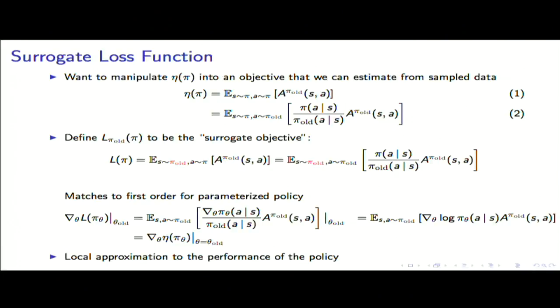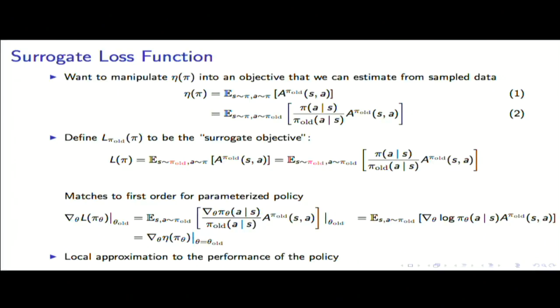So the portions of the track here are like states. This identity is just saying you look at all the states and you add up how much policy pi gains on policy pi old at each state. And this is supposed to have plus eta of pi old here. So the advantage function is telling you the difference between the two policy performances. That's the rough intuition for why this identity holds on eta.